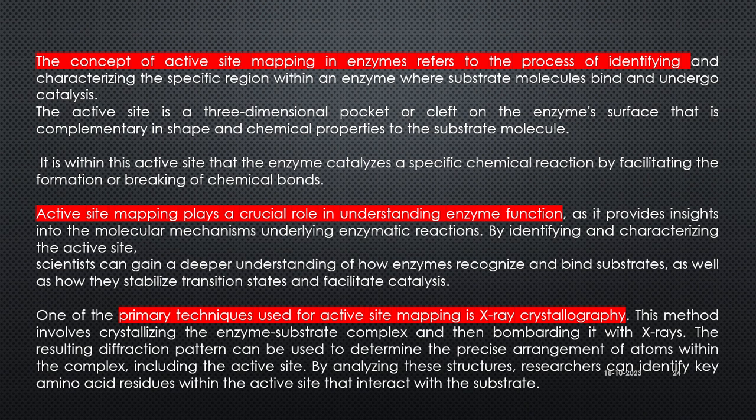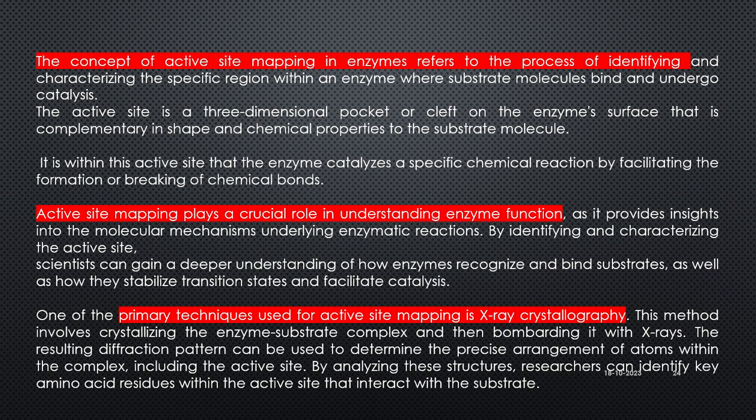They stabilize the transition state and facilitate the catalysis. One of the primary techniques for active site mapping is X-ray crystallography. Before applying that, you have to work on the enzyme-substrate complex, involving crystallization.